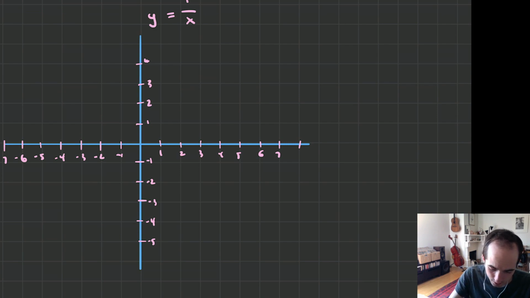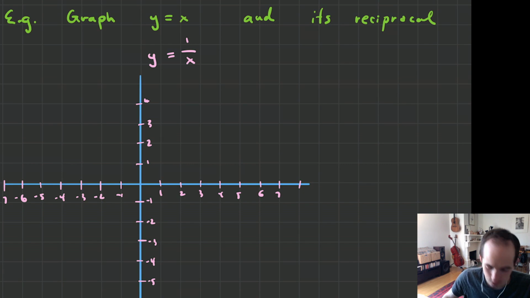So I am going to graph the function y equals x, and then we will do the reciprocal. I'll do y equals x in green, because it's currently in green when I wrote the function out. So these are all the points where x and y are equal. That would be 0, 0, 1, 1, 2, 2, 3, 3, 4, 4, 5, 5, -1, -1, -2, -2, etc. And then we will connect these with a nice straight line.